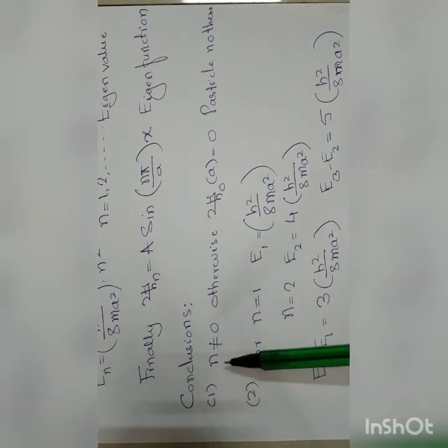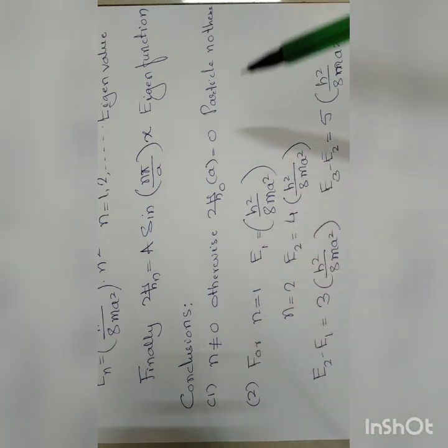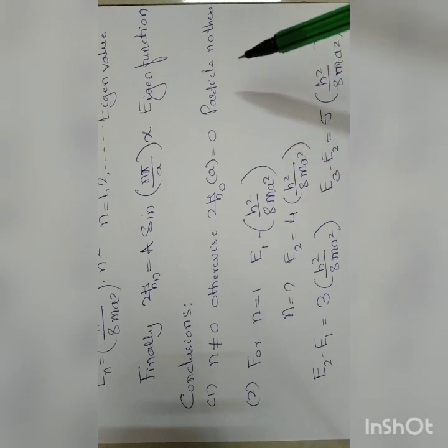The first conclusion, as I said above: though n equal to 0 is permitted as per the earlier condition, in the case of a particle in a box it is not permitted, because if I write n equal to 0, I can see immediately the wave function becomes equal to 0, then the particle is no more in the box. Hence n not equal to 0; n equal to 1, 2, 3, 4, and so on, not n equal to 0.